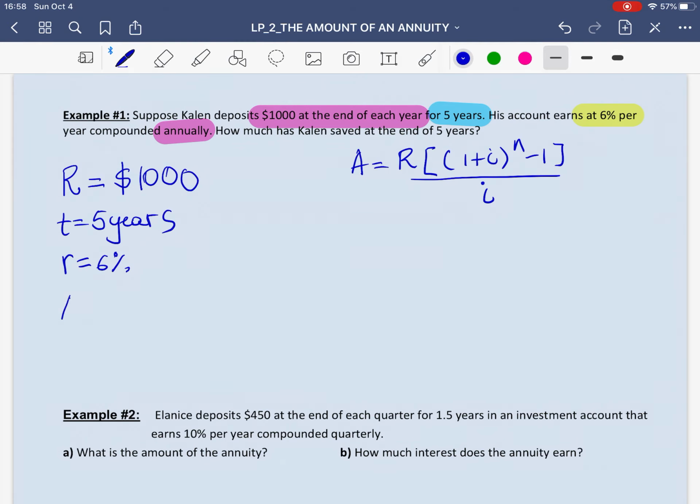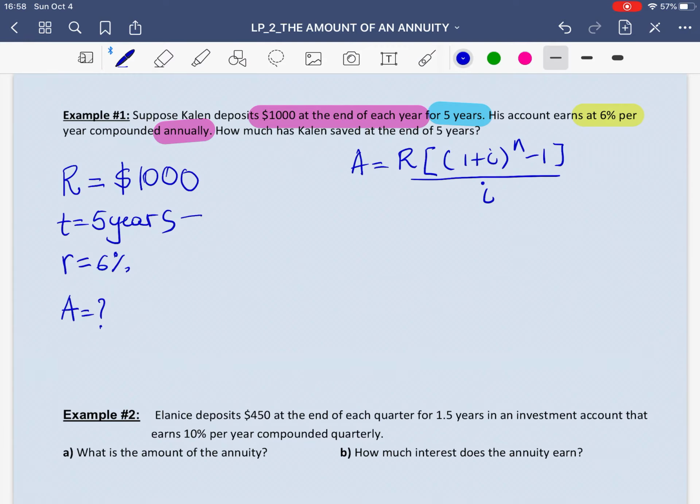And what I want to find is how much Kalen has accumulated at the end of the investment. Now remember that the letters T and R, which are more commonly given in a word problem, are not the numbers that you can substitute directly into the formula, but you should use these numbers in order to figure out I and N.